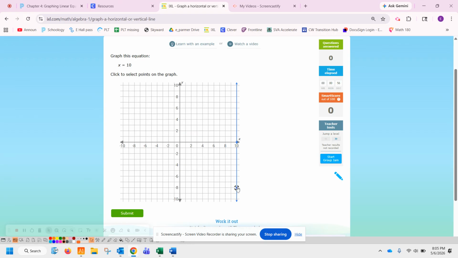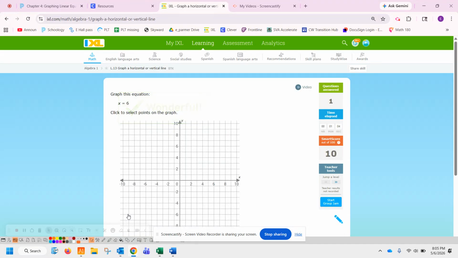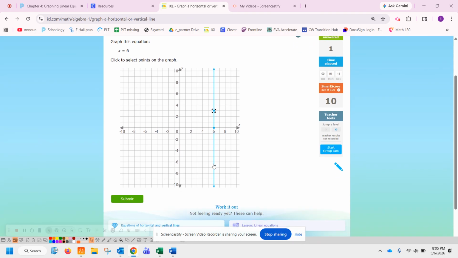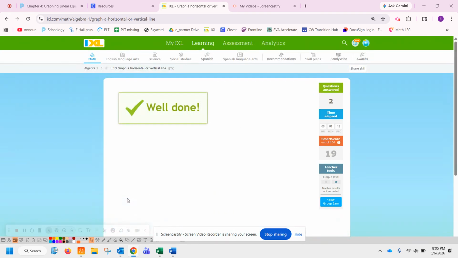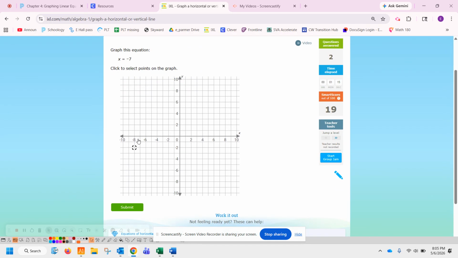No matter where you click, 2 dots are going to create a straight line. And then just double check, is this an X equals 10 line? Yes. Submit. Okay. I'll do another X line really quick. X equals 6. Create a vertical line for an X line. Okay, another X, -7.